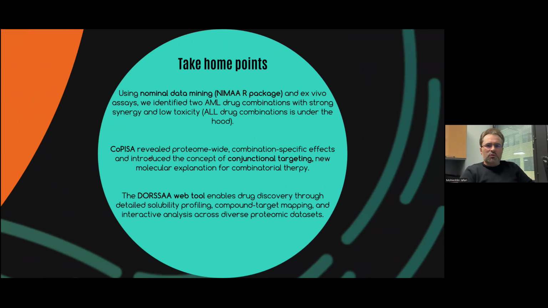Recently, we have also shown that this method is also good for comparing different proteomic search engines. Maybe in the future I will present it, but the main application that I explained here is suggesting combinatorial therapy.